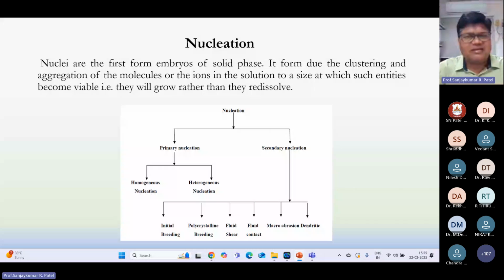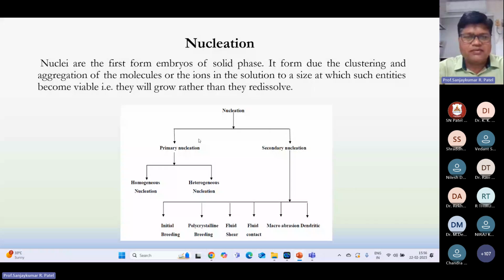And then there are primary nucleation and secondary nucleation. Primary nucleation includes homogeneous nucleation and heterogeneous nucleation; those are the types by which nucleation occurs.